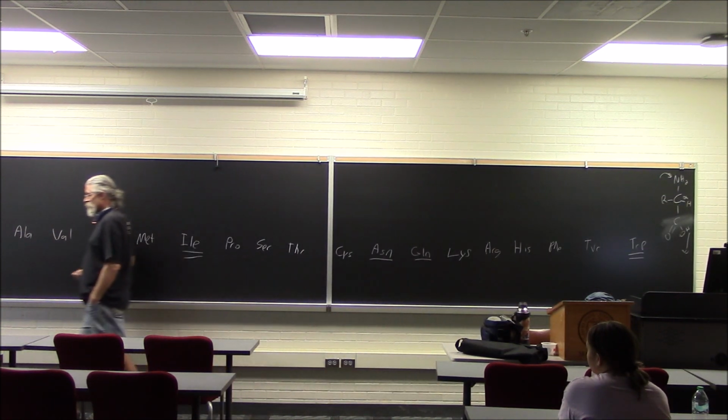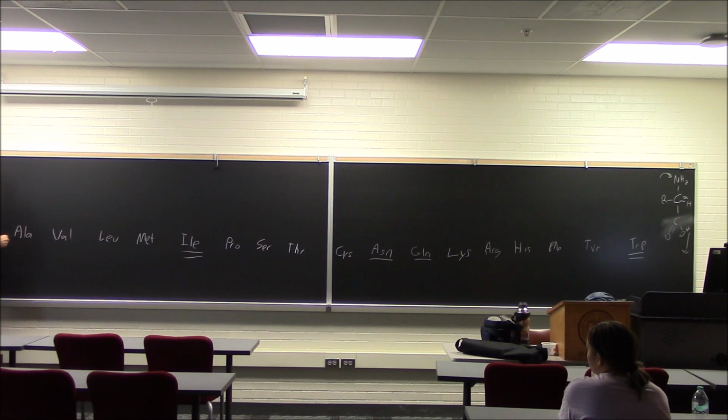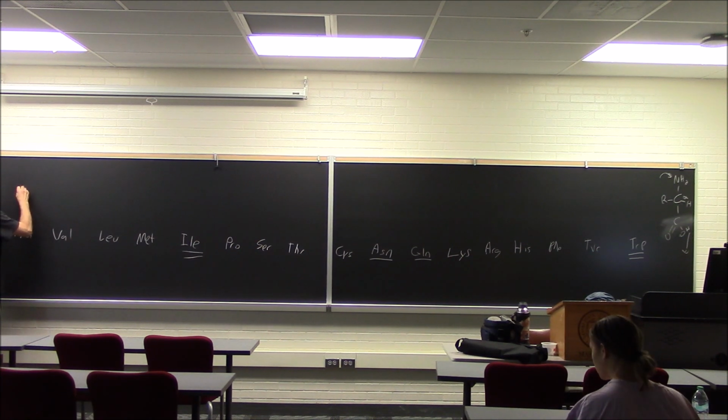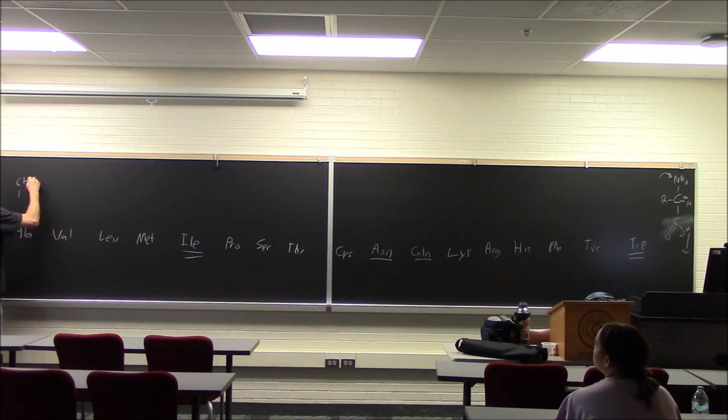Okay, so just drawing the R groups. So the R group of glycine, glycine's the easiest. The R group is just H. Alanine is CH3, okay?